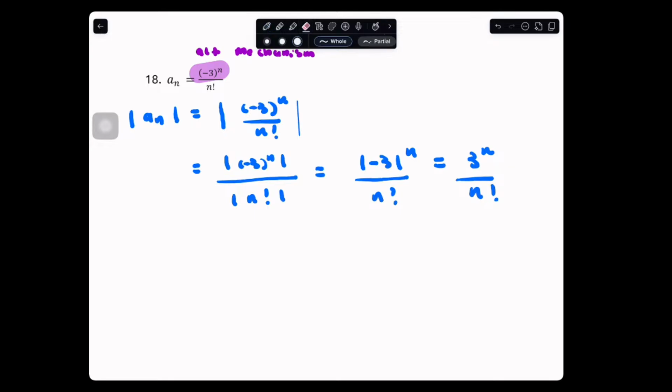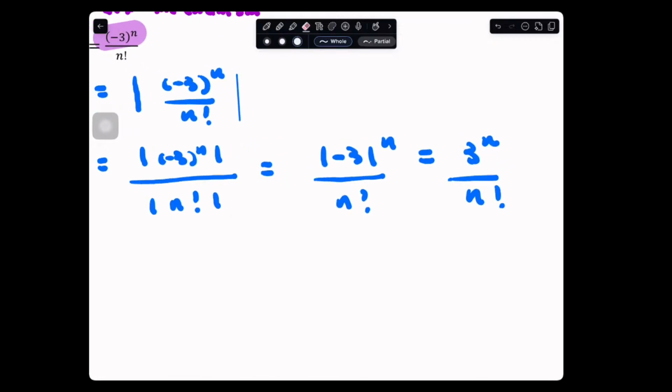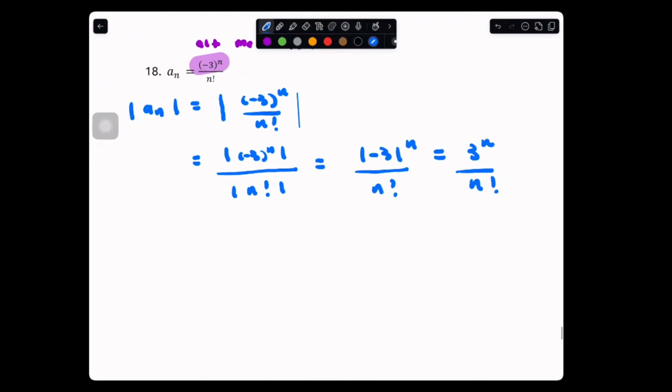And the reason we can remove the absolute value sign for n factorial is because n is a natural number, right? Which means our n is positive. Alrighty.